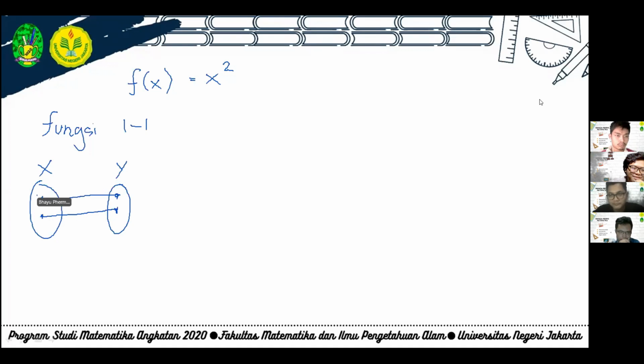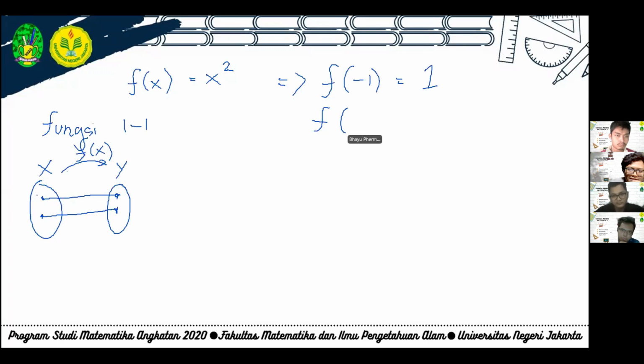A one-to-one function is like this when we draw the diagram. And in function f(x) equals x squared, if x is -1, we have f(x) is 1, and if x is 1, we also have f(x) is 1. So the diagram of the function is like this.